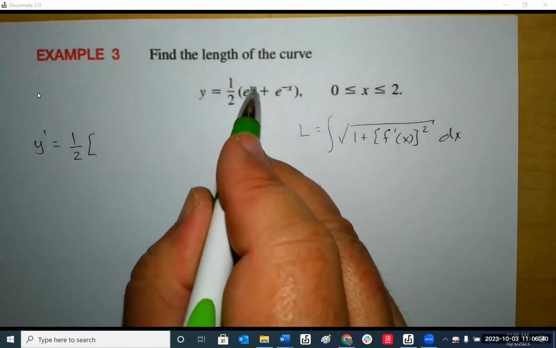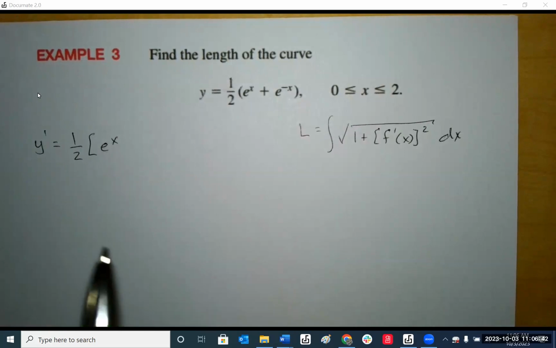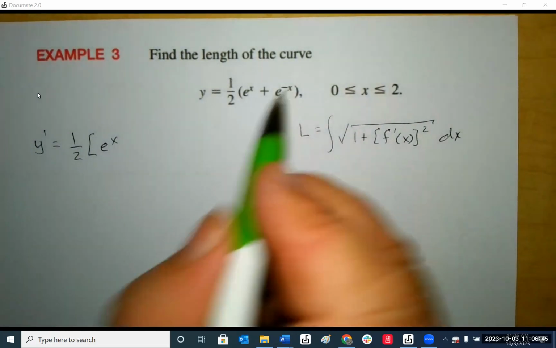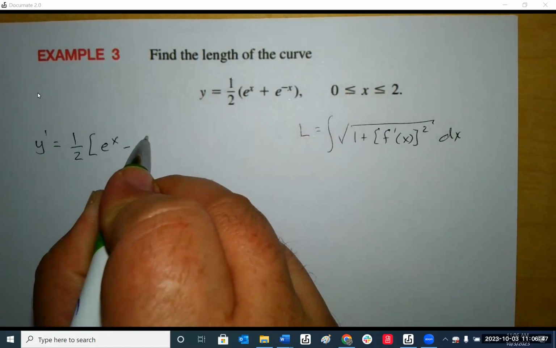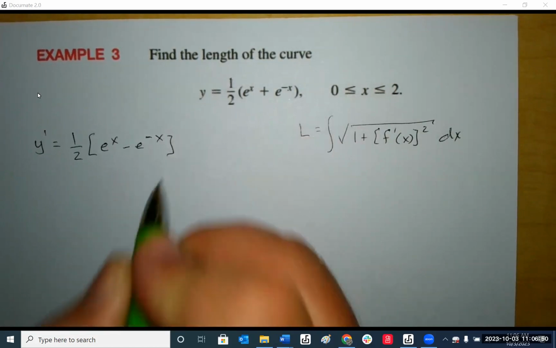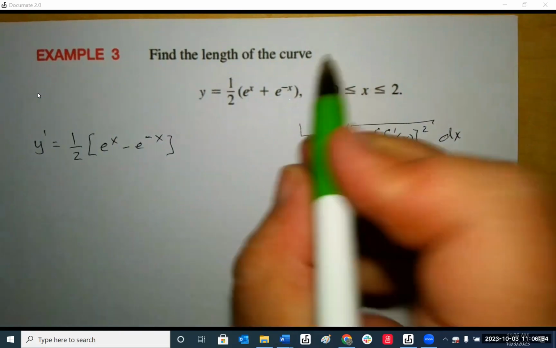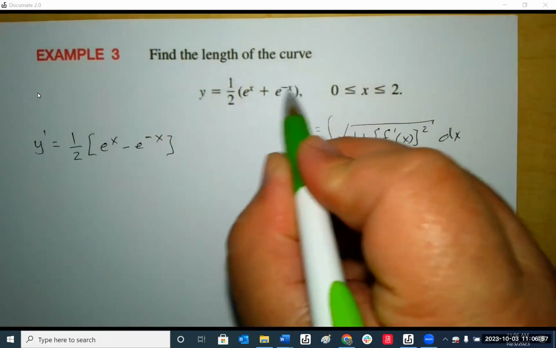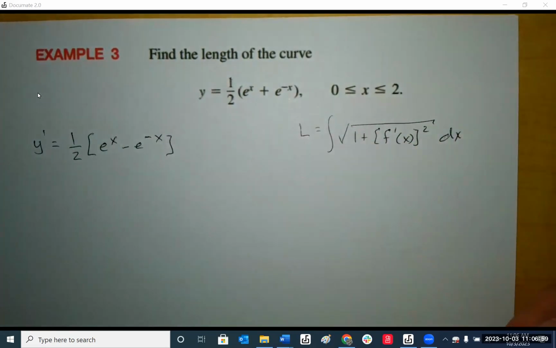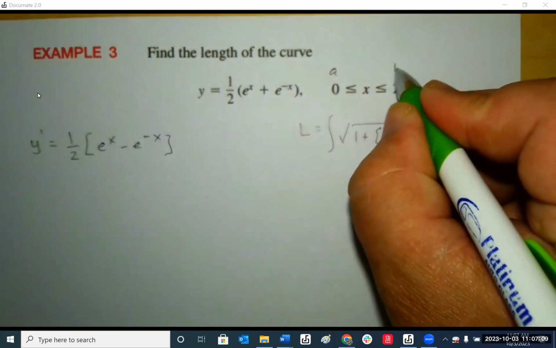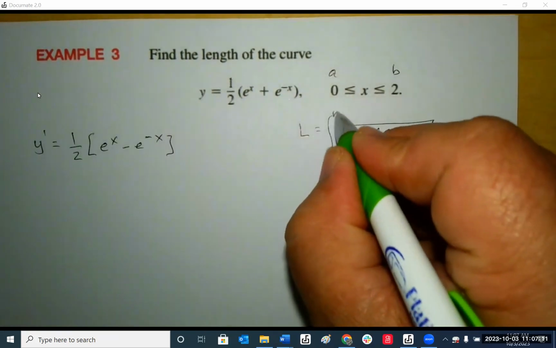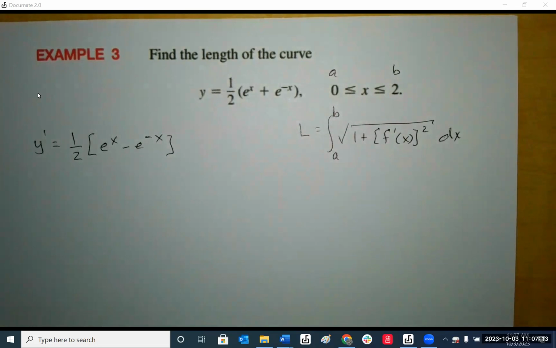The derivative of e to the x is e to the x. E to the negative x is negative e to the negative x, because the derivative of e to the x is the derivative of the exponent times e. And this is a, and this is b. So that was our first step.